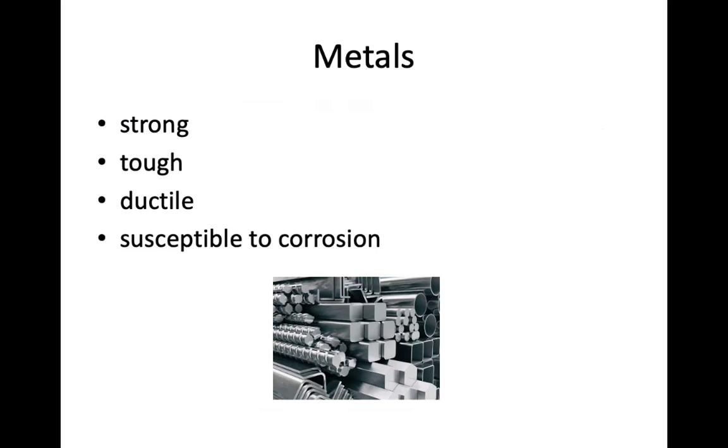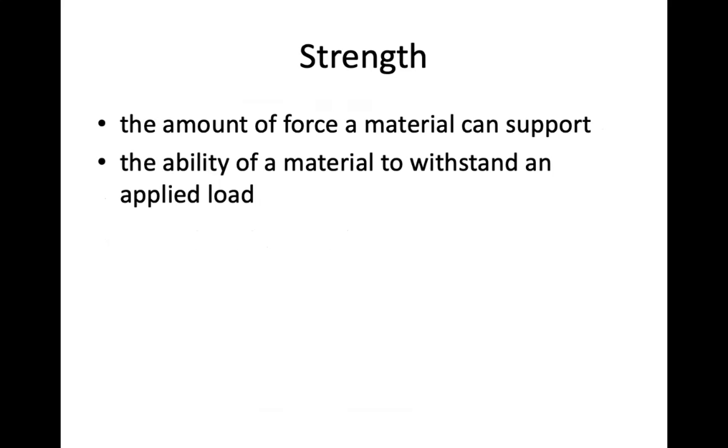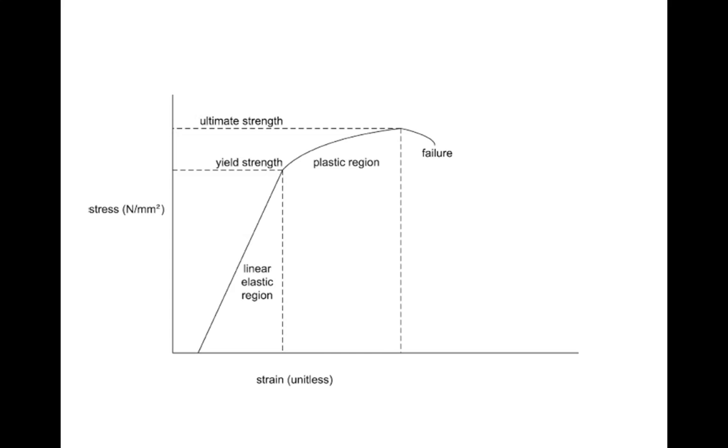Let's start with metals. So metals are strong, they're tough, they're ductile, and they're susceptible to corrosion. Strength is the amount of force a material can support, or the ability of a material to withstand an applied load. And that's seen on stress-strain curves.